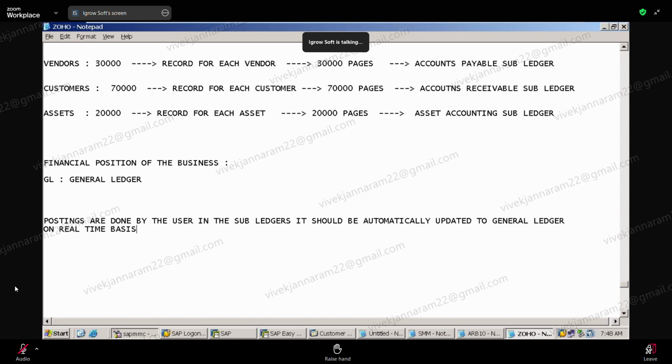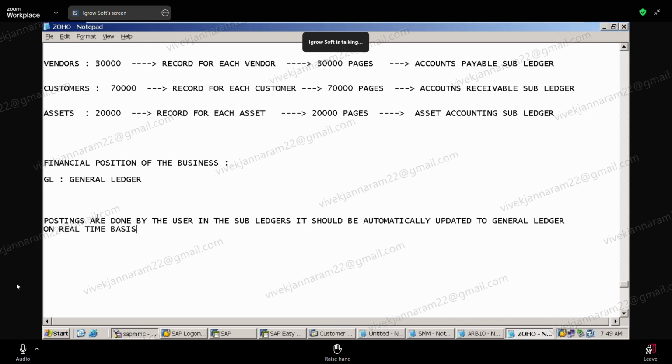Okay, so first, let me recap again. Vendors we are maintaining in accounts payables, customers in accounts receivables, assets in asset accounting. If someone is asking about vendors, I will look in the AP subledger. Someone asking about customers, I will look in the AR subledger. Someone asking about assets, I will look in the asset subledger. But if someone is asking for the total financial position of the business, I cannot give them all these books and ask him to decide himself.